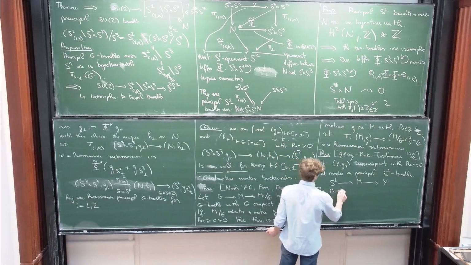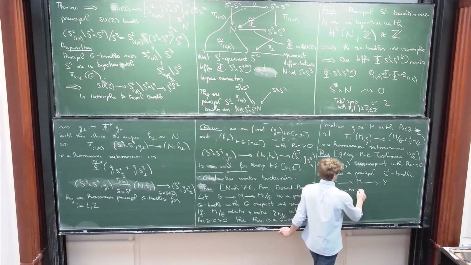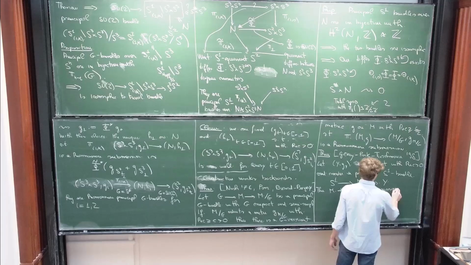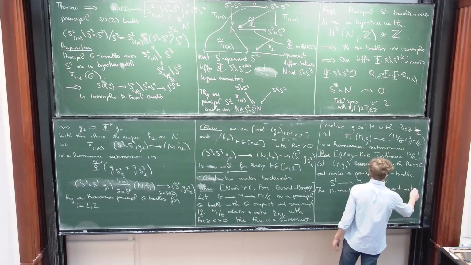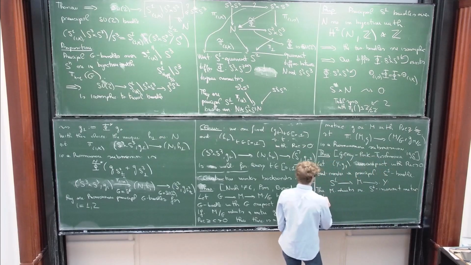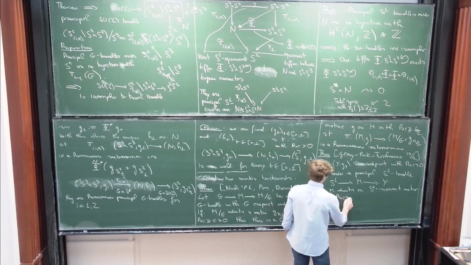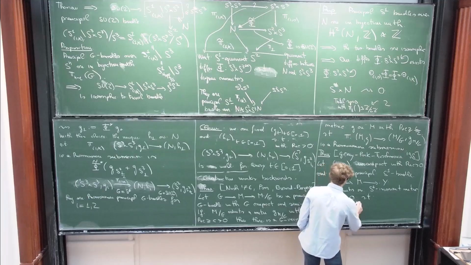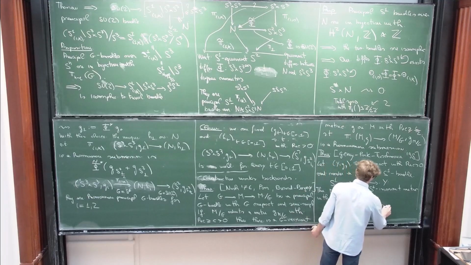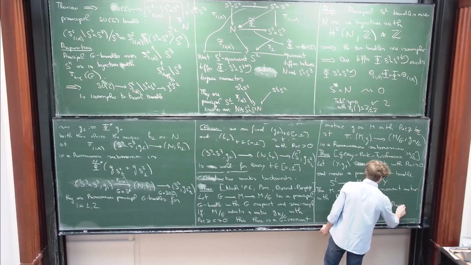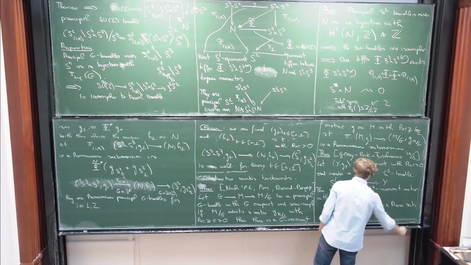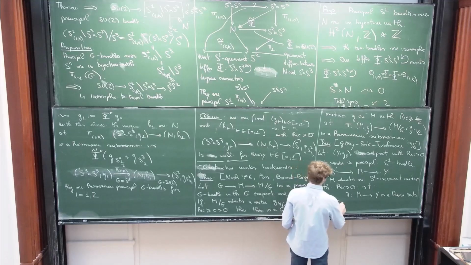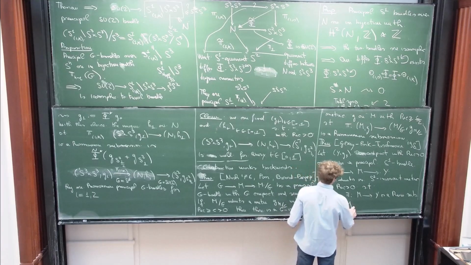Then M admits an S1-invariant metric with Ricci bigger than 0 such that the projection from M to Y is a Riemannian submersion if and only if pi_1 of the total space is finite.